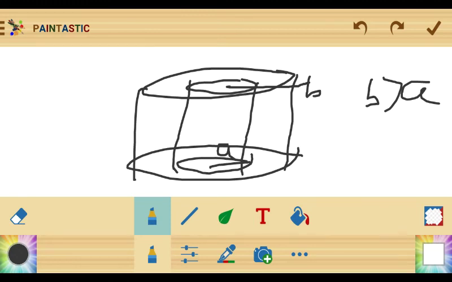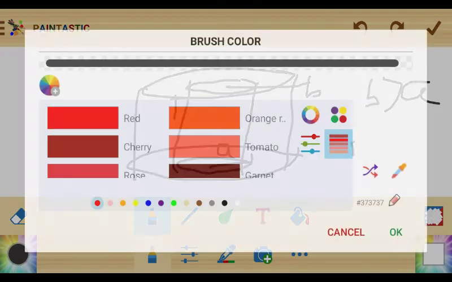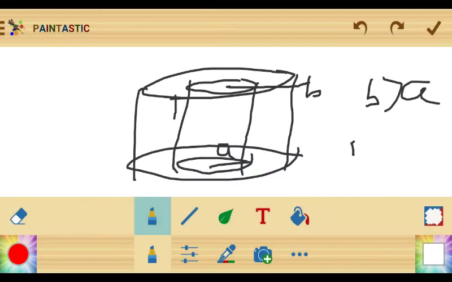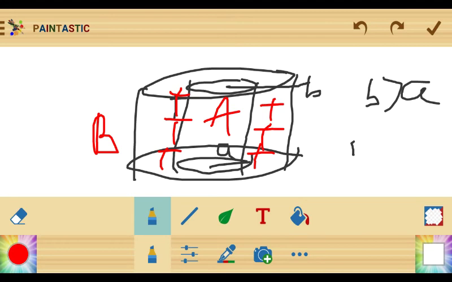So here also, somehow a positive charge Q, if I choose red, is given to the outer surface of cylinder A. This is cylinder A, the inner cylinder is A and the outer cylinder is B. So due to induction, negative charge will develop.